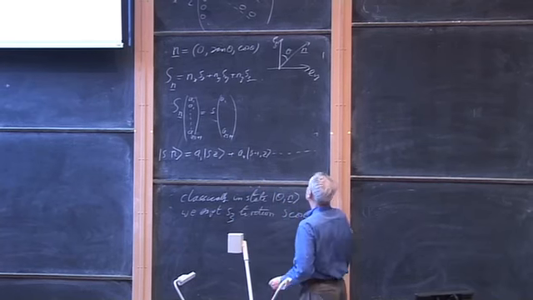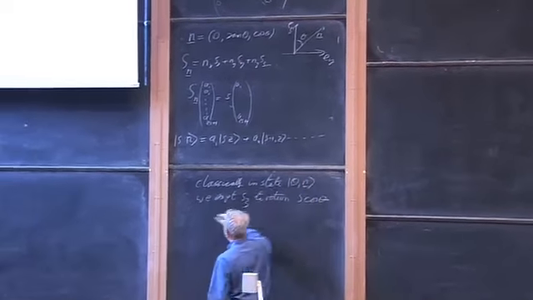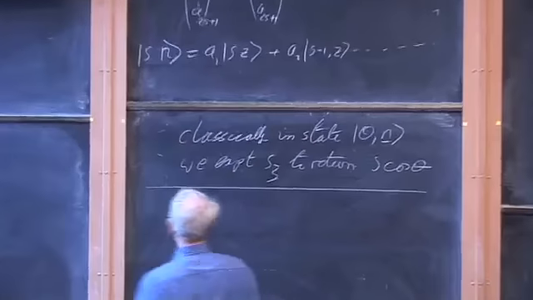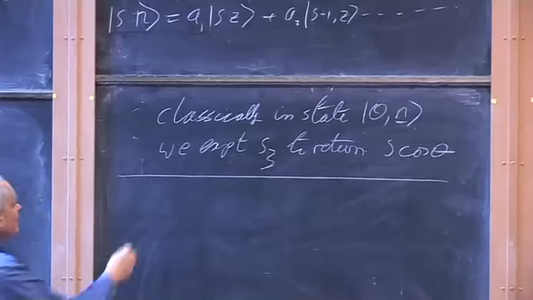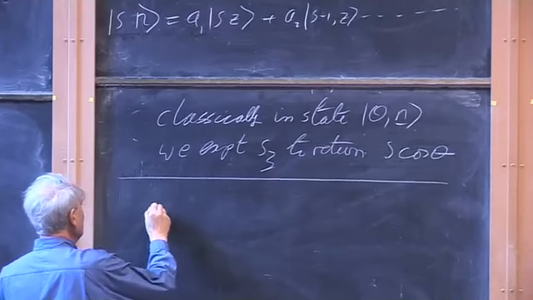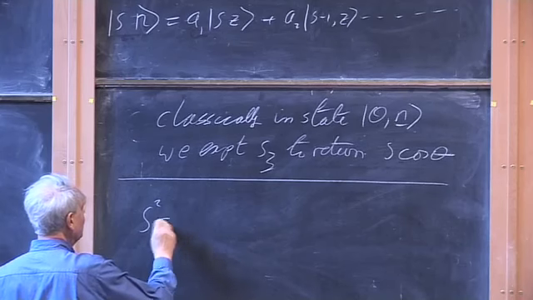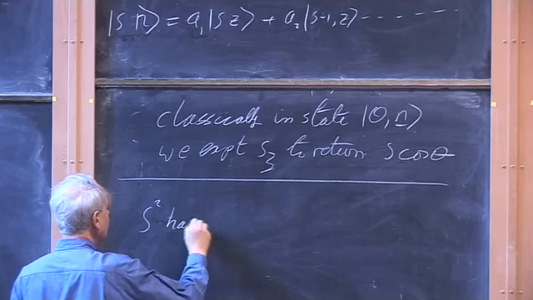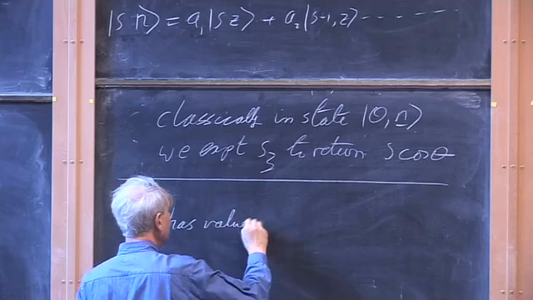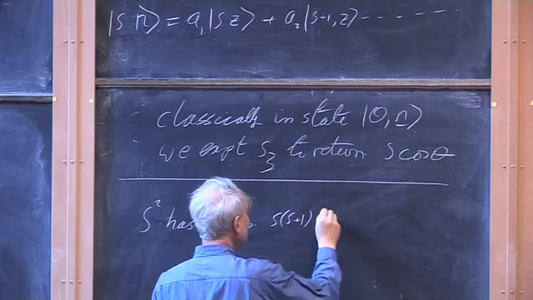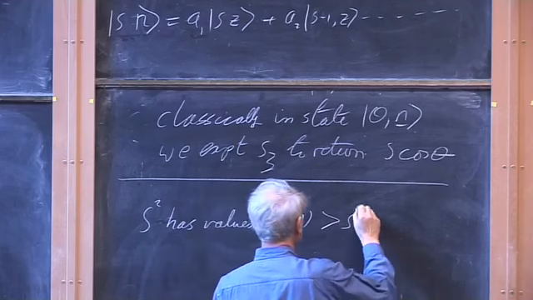Now, the other thing I wanted to say on this topic of relating quantum mechanical levels of angular momentum to classical levels of angular momentum is the importance of this. So we know that S squared, the total angular momentum operator, has eigenvalues s(s+1), which is clearly greater than s squared.